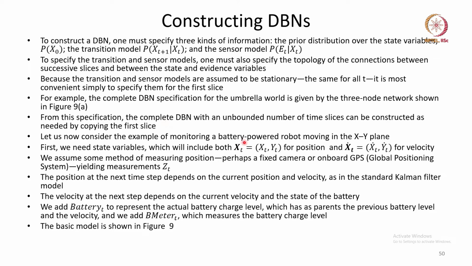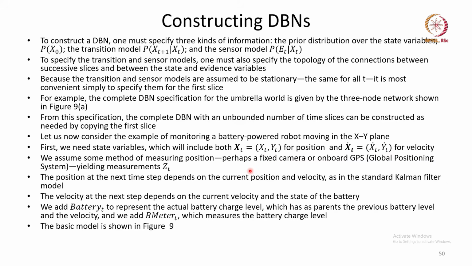Now if we look at the battery powered robot, what are the variables we have? The state variables will be the position and the velocity. So Xt gives the position and Xt dot gives the velocity.